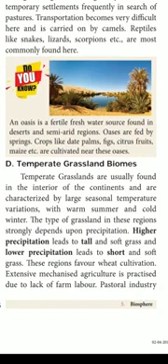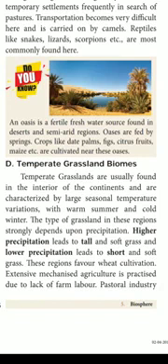The climate has warm summers and cold winters. The type of grassland in this region strongly depends upon precipitation. Higher precipitation leads to tall and soft grass and lower precipitation leads to short and soft grass.